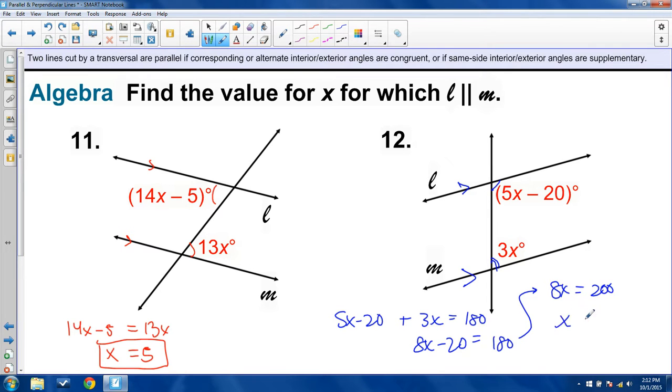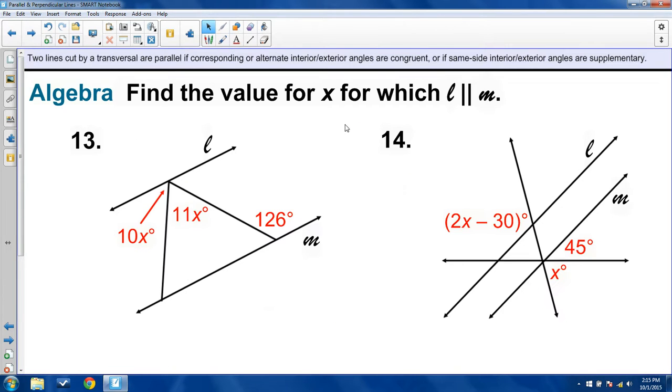Divide by 8, x equals, 8 quarters, 200 cents, $2. X equals 25, which makes this angle 75. 3 times 25, and then this should be the supplement of that, 115, if I did that right. No, 105. See, I didn't do that right. 105.